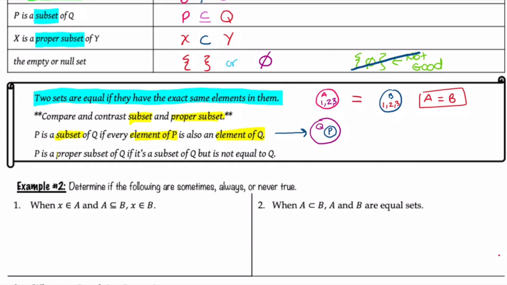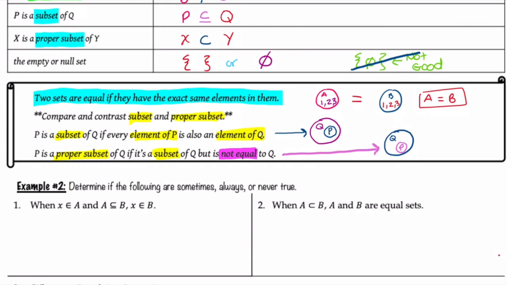P is a proper subset of Q if it's a subset of Q but is not equal to Q. Let's see if I can draw this out. Set Q, we have P is a proper subset, but P is not equal to Q. Again, this makes sense.